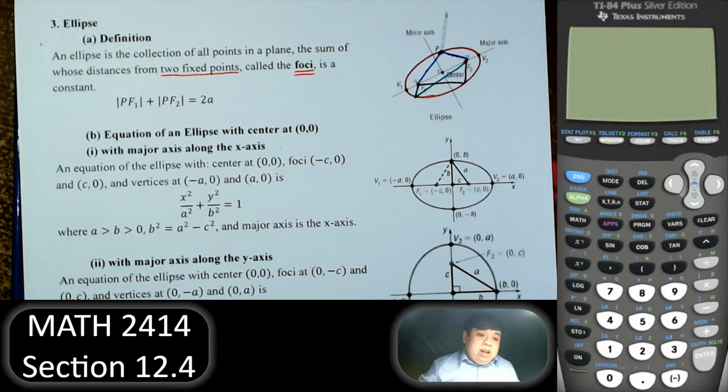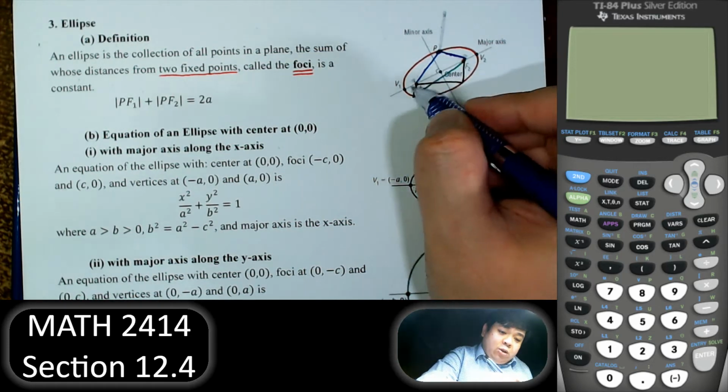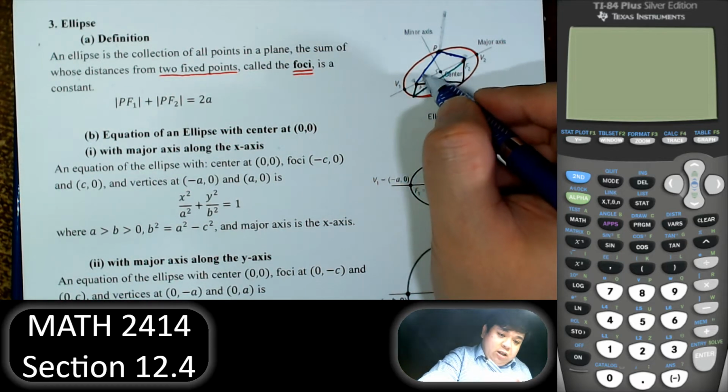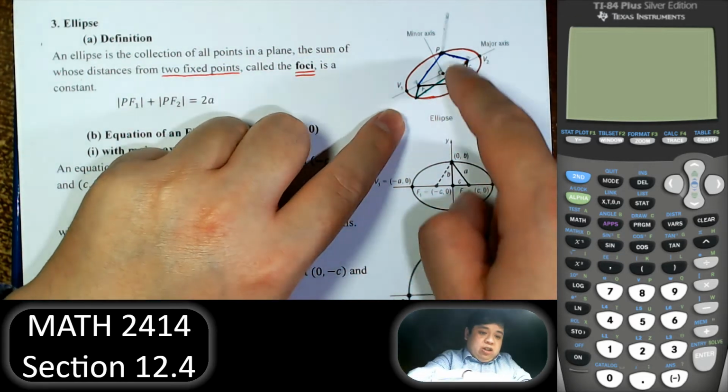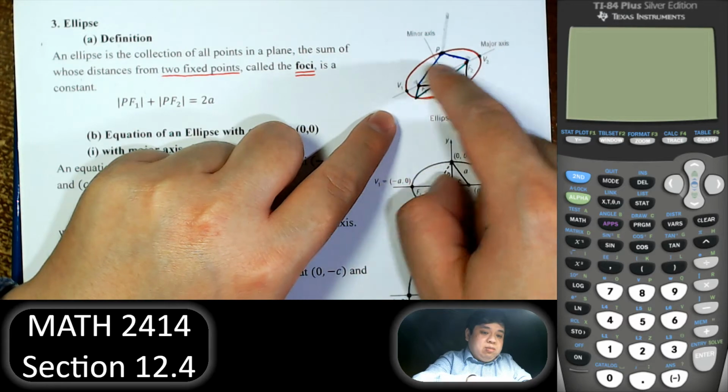But the definition is that the total distance is going to be equal to a constant. The total distance is constant, not each one of them, but the total. Having said that, when we draw an ellipse, if we have a string, then we can do that.